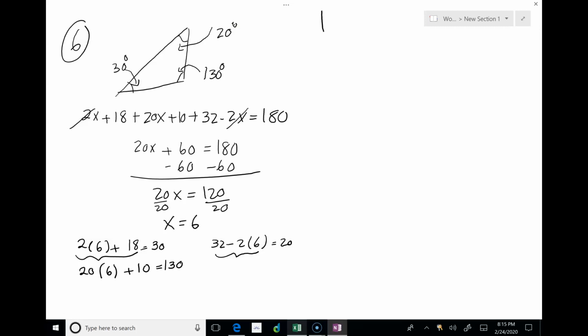Going to question number 8. Since I'm not allowing calculators on this exam, something like number 8 could be on the next exam. I don't want you to do all that calculation in your head.